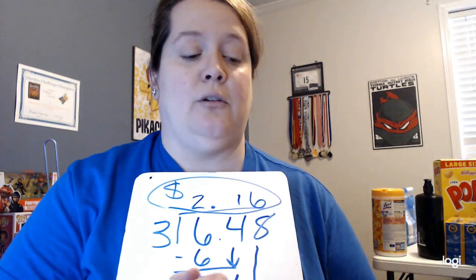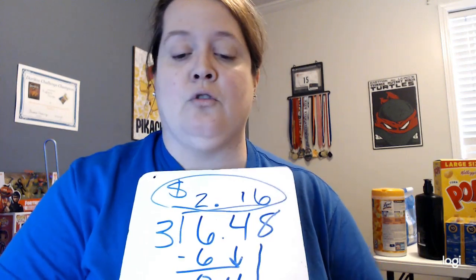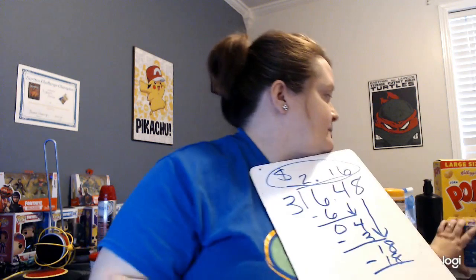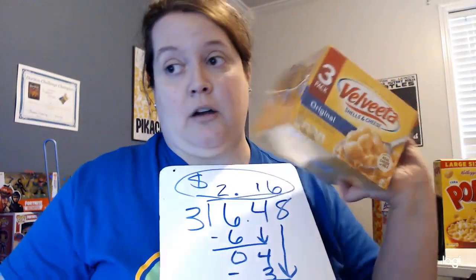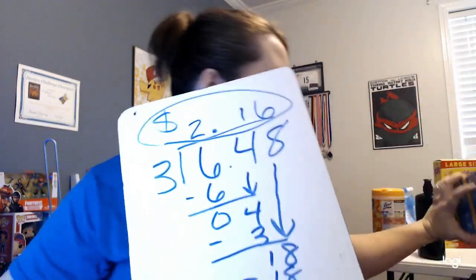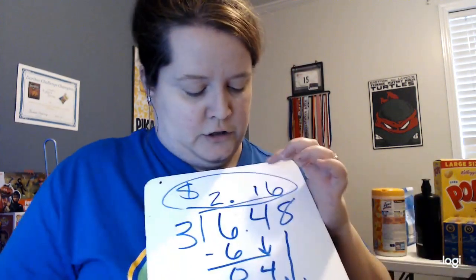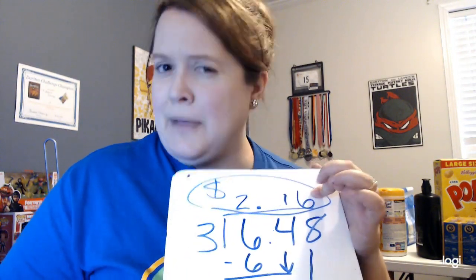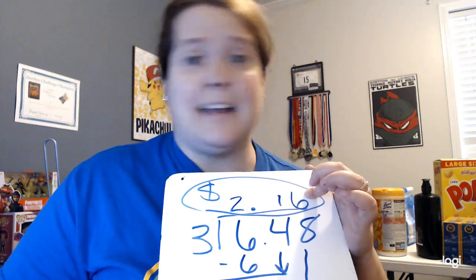Now what you could do, and I probably should have done this in the store to see if I was being a good buyer, you could compare the cost for one box of your shells and cheese and say, hey, if I bought 3 and each one cost $2.16, but one box costs like $1.79, did I make a good purchase? In that case, it wouldn't be.